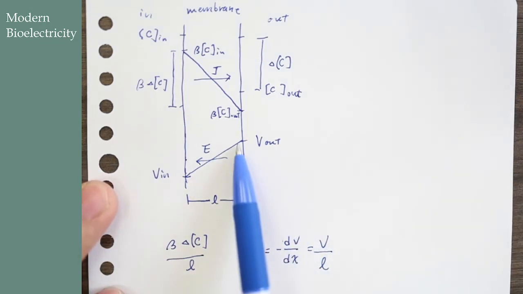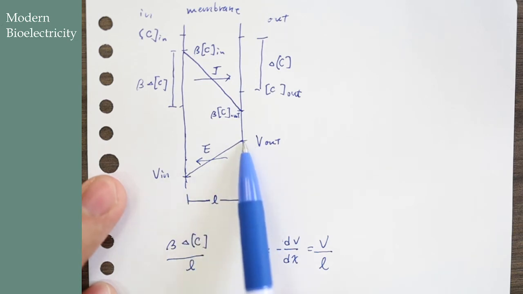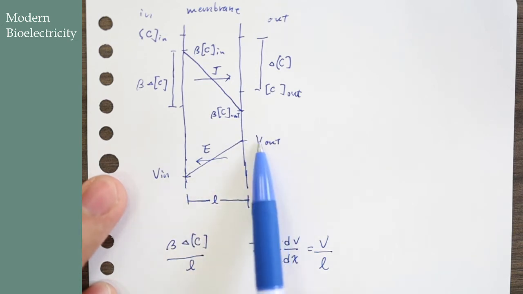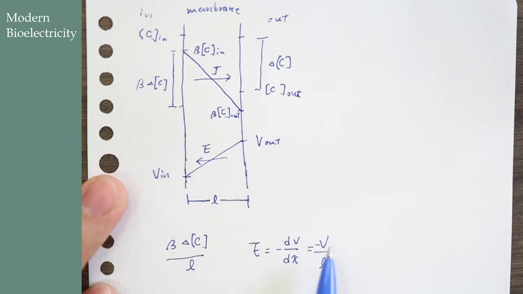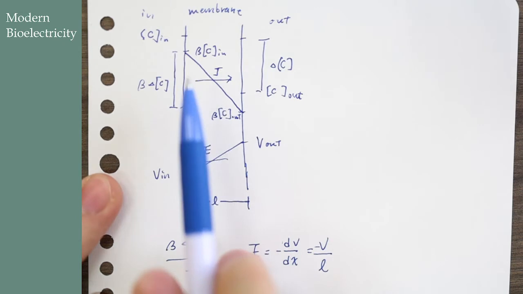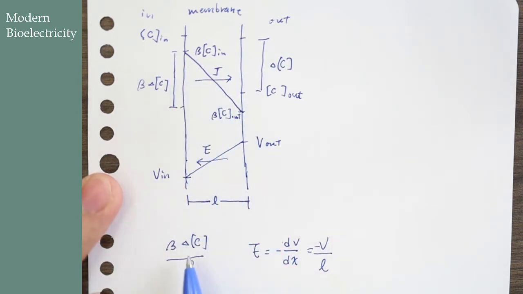So we assume that the voltage inside the lipid is the same as the voltage inside the water, of course. So the electrical gradient is minus V divided by L. And here the gradient of these ions is beta delta C divided by L.